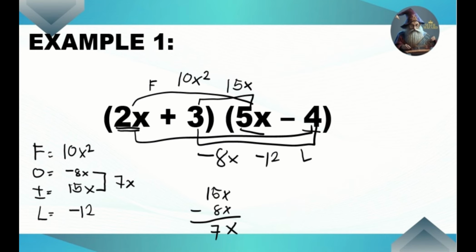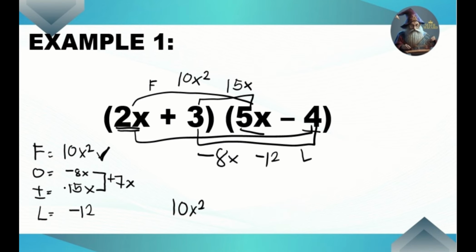Our final answer is 10x squared and positive 7x. Why positive 7x?